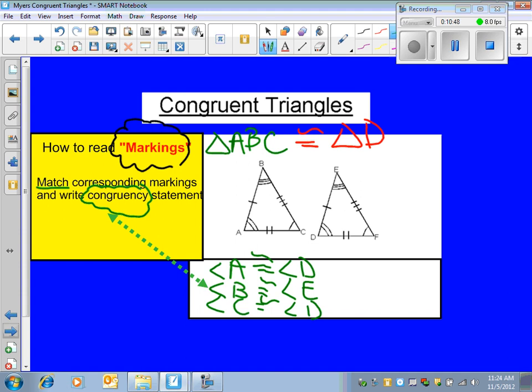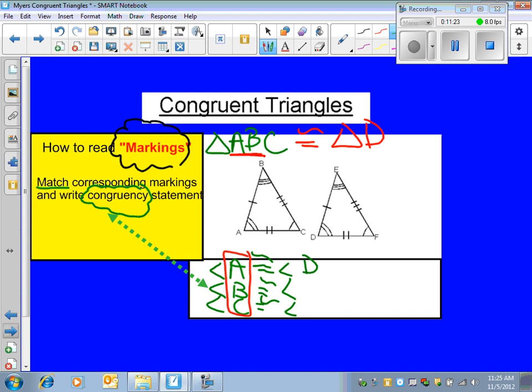Okay? So my triangle, look at this, triangle ABC, which is what I have right here, is going to be congruent with triangle. It'd be nice if I wrote the F that goes with the C. And it'd be nice if I wrote the E that goes with the B. Sorry about that. Let's just make it a tad bit neater.